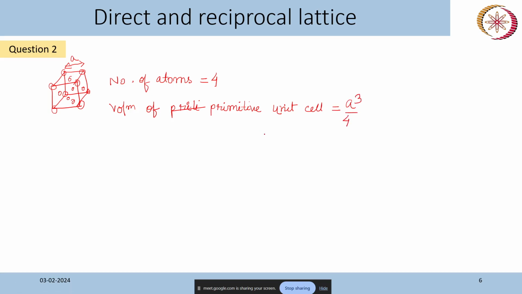You can stop me if there is any confusion in between. Now, as I have mentioned, to get the volume of the primitive unit cell, there are other methods also. So let's try that. First, for that, we will determine the primitive unit vectors of the FCC direct lattice.